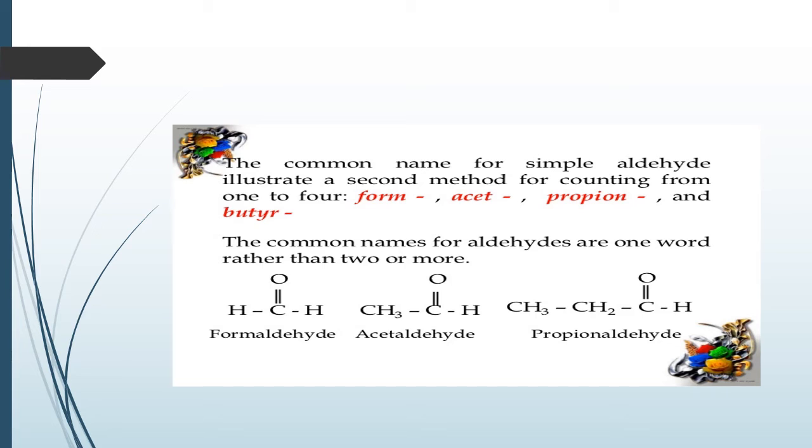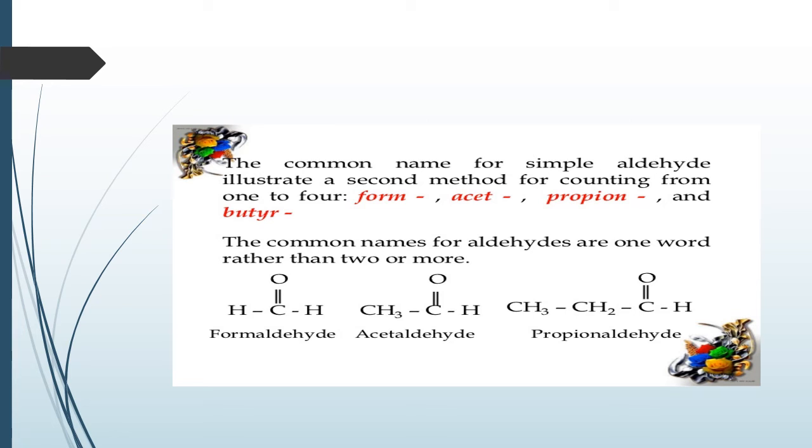And for simple aldehydes, you can use common names. Generally we have derived the common names. If both sides of the carbonyl are covered with 2 hydrogen atoms, it is commonly called formaldehyde.